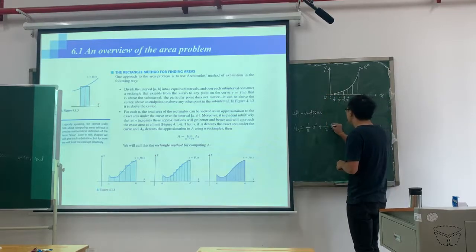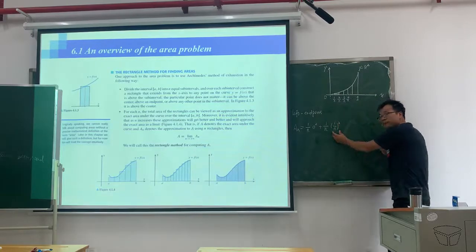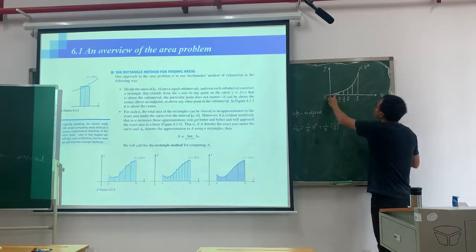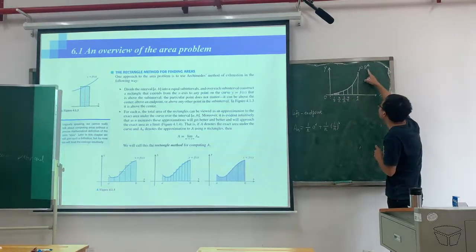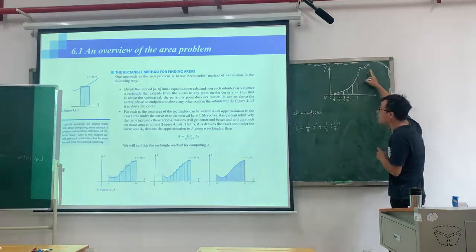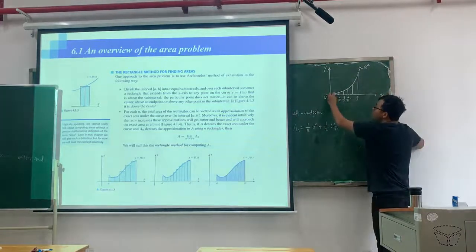Because the curve is y equal to x squared, where x is equal to 1 by n, y is equal to 1 by n squared. So this height is 1 by n squared.